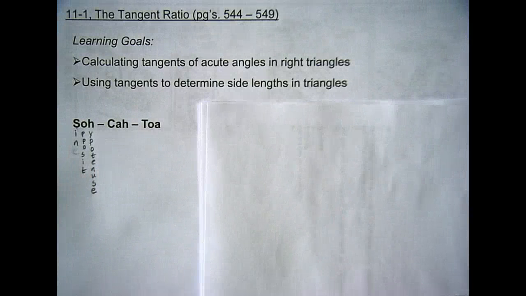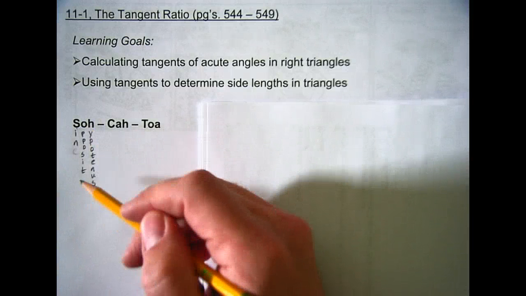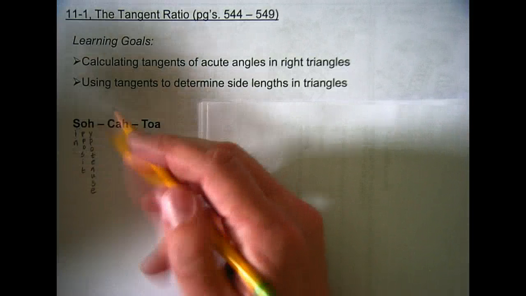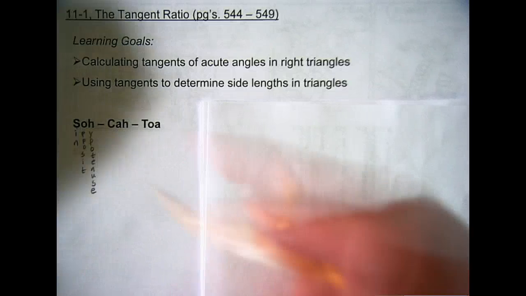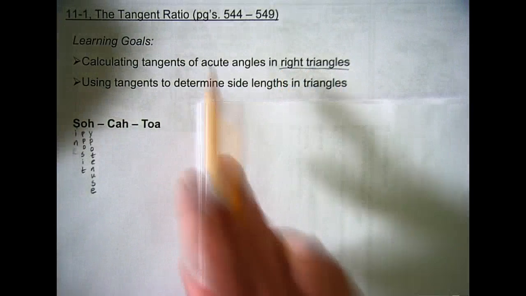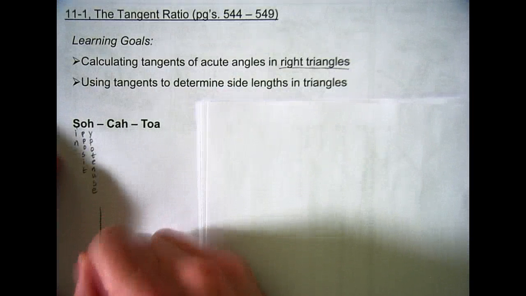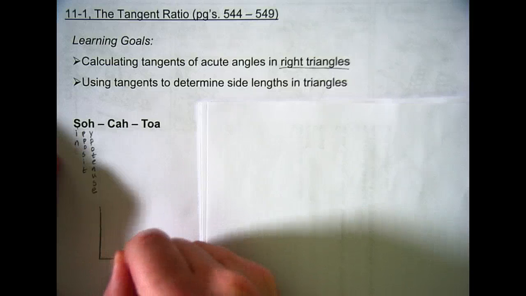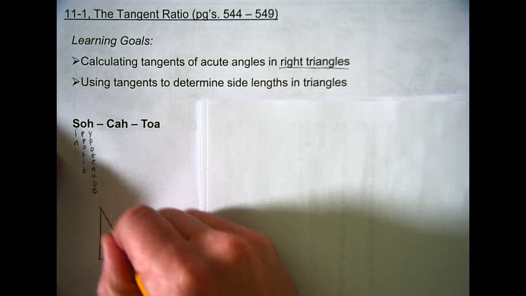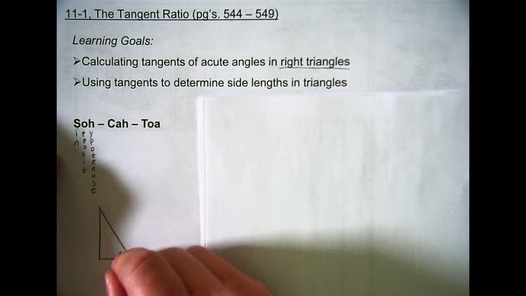Okay, so when we're dealing with this, we're dealing with a right triangle. This only works in right triangles. So notice in your learning goal it says calculating tangents of acute angles in right triangles. So when you're looking at a right triangle and you have an angle, say we call it angle X here.